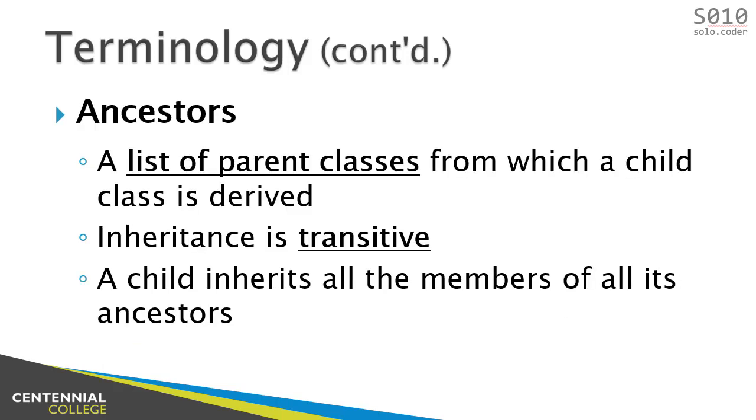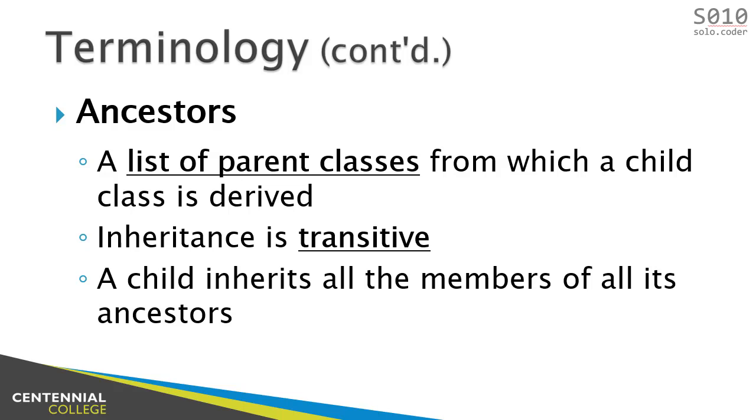Okay, ancestors. So we're not just talking about two levels here. It's not just child and parents and that's it. We can have multiple levels of inheritance here. We can have the parents of the parents of the parents of the parents. But who is the ultimate parent of all classes? Again, object.